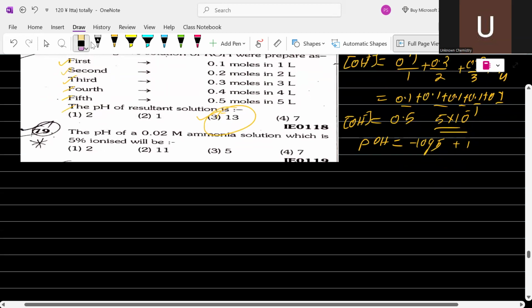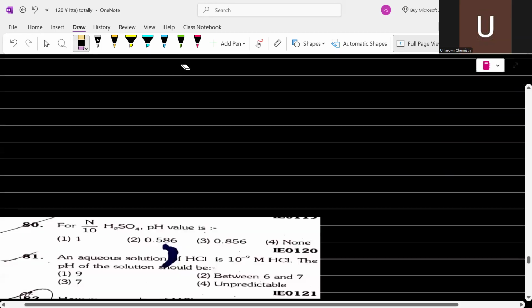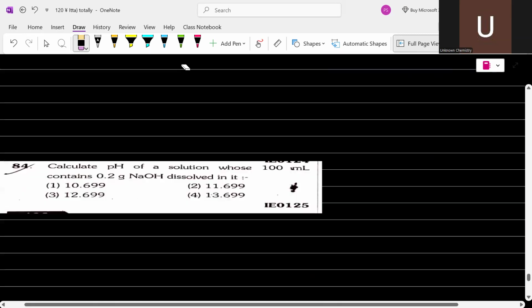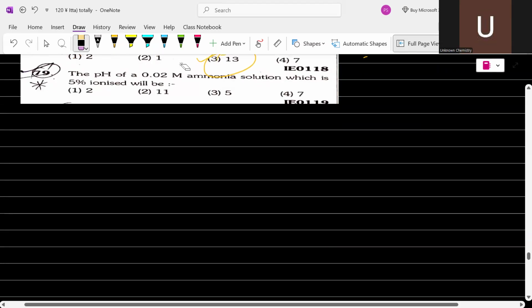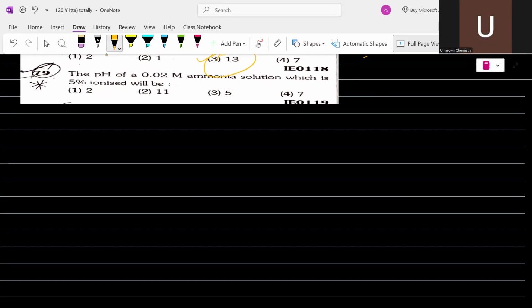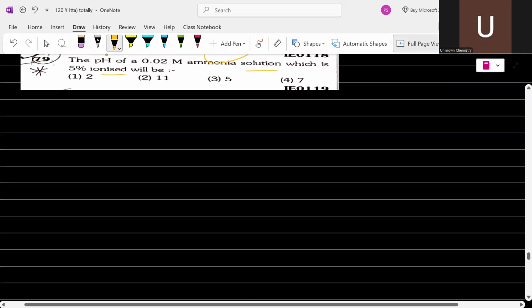Next question, question number 79. Let's solve this question number 79, everyone. We have more questions as well. What is the pH of a 0.2 molar ammonia solution which has 5% ionization?